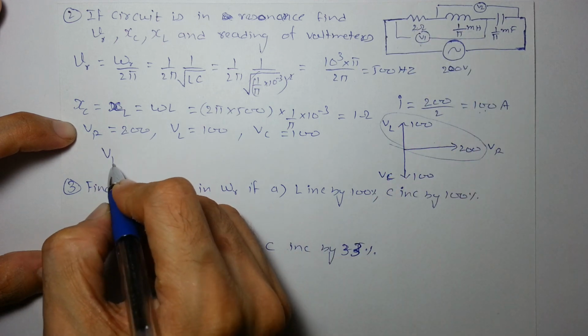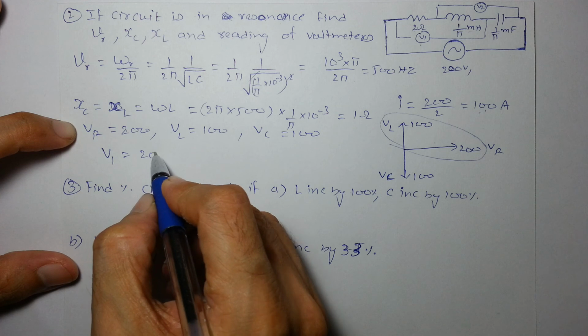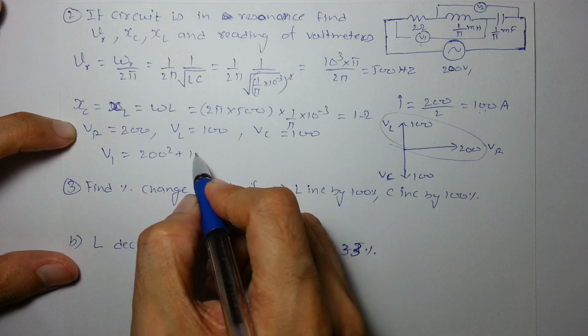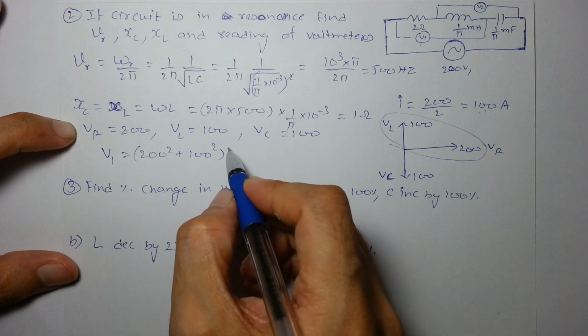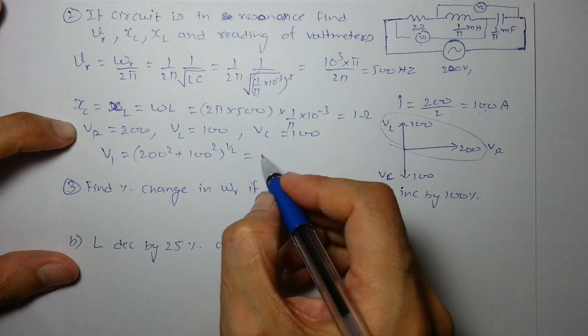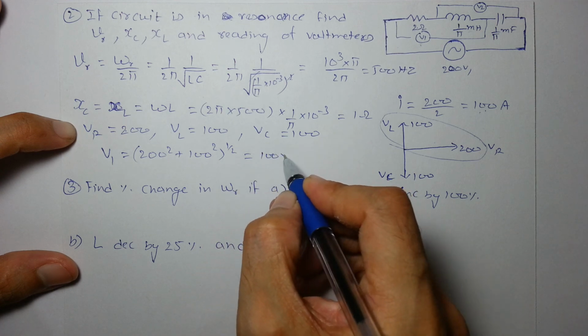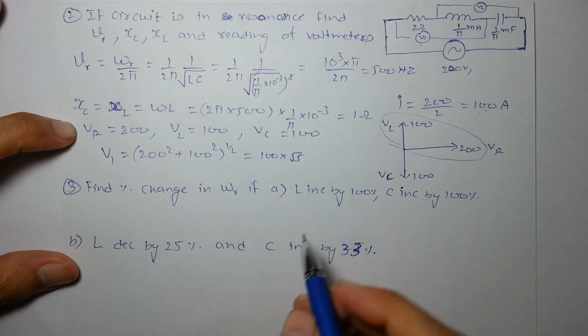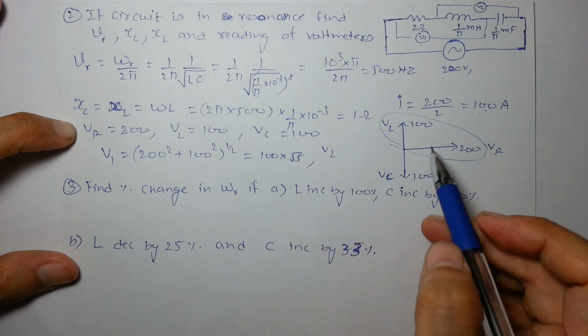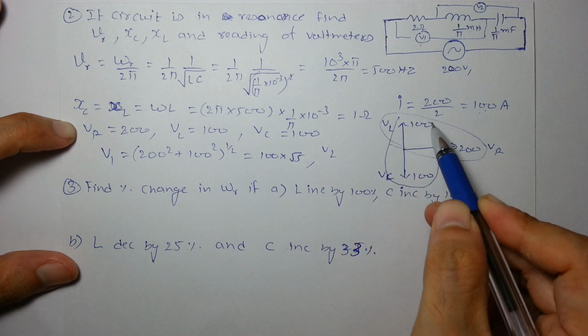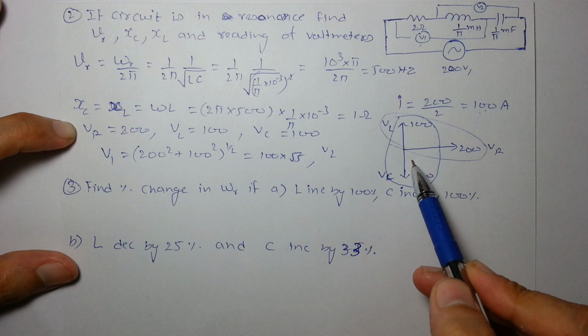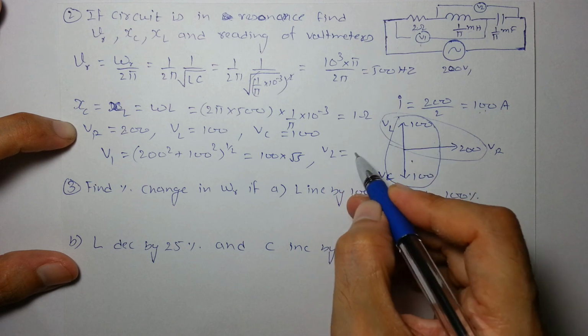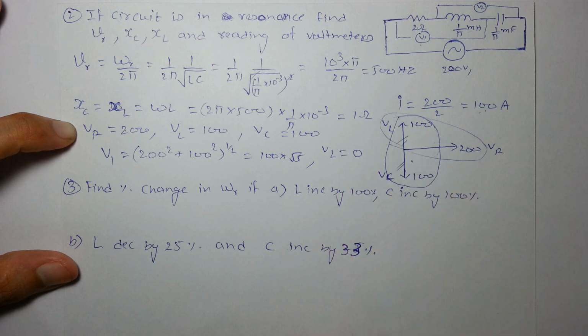So V1 will be root of 200 square plus 100 square. So that will be 100 root 5. Okay. What about V2? V2 is the resultant of VL and VC. So that is nothing but 0. 100 will cancel 100.